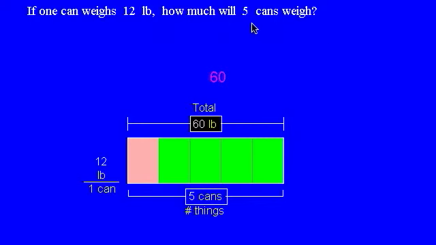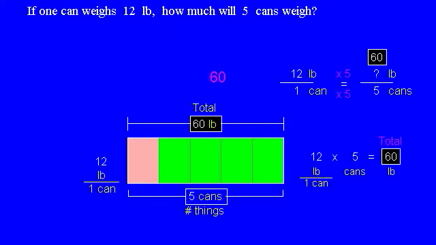The number of things, the value for one thing, and the total for all of them. So if you're given the value for one thing and the number of things, it's a multiplication problem. 12 pounds for 1 can times 5 cans gives you a total of 60 pounds.